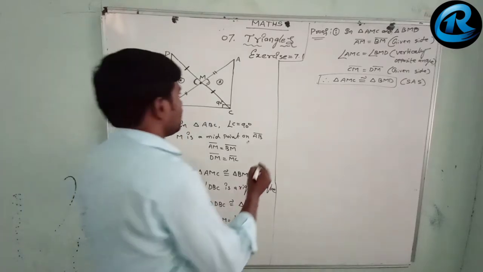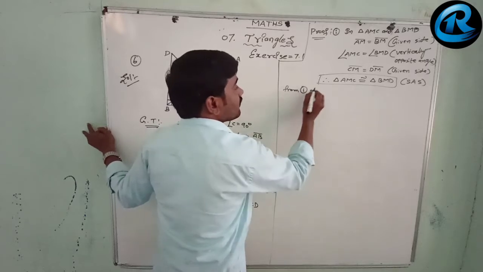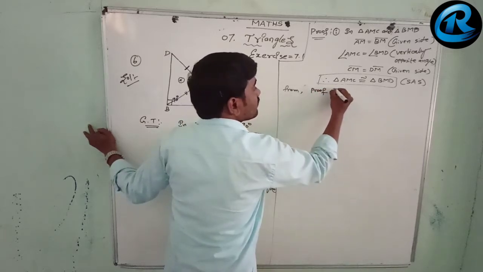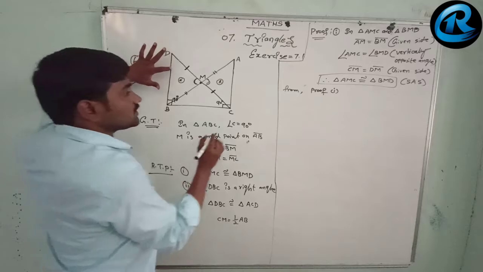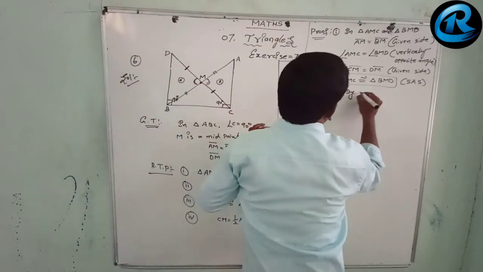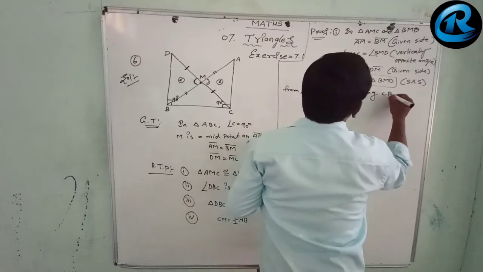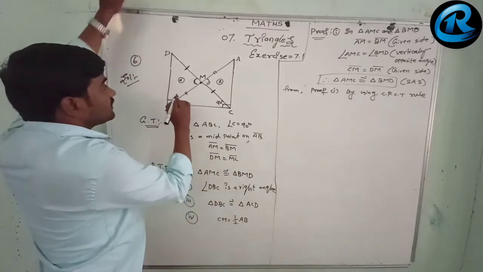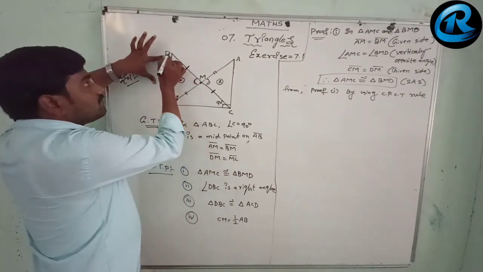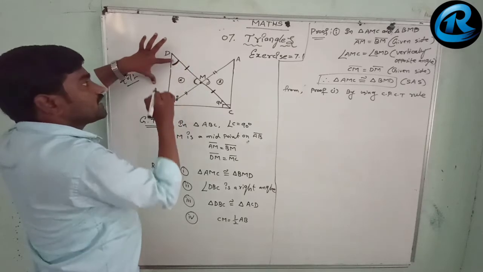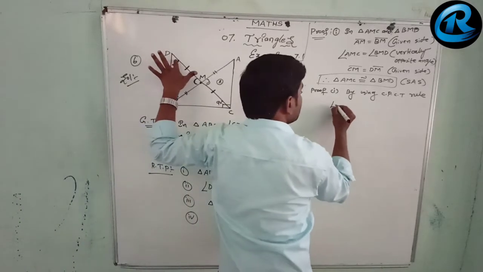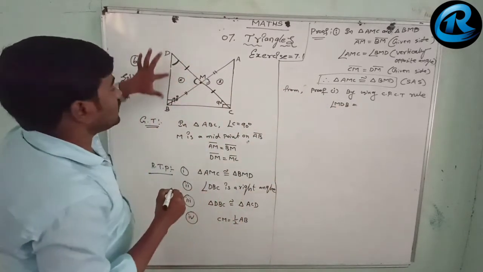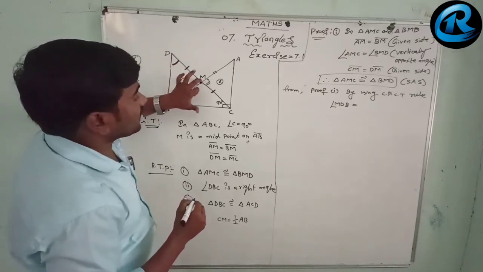From proof number 1, by the CPCT rule, we can write angle MDB is equal to angle MCA.